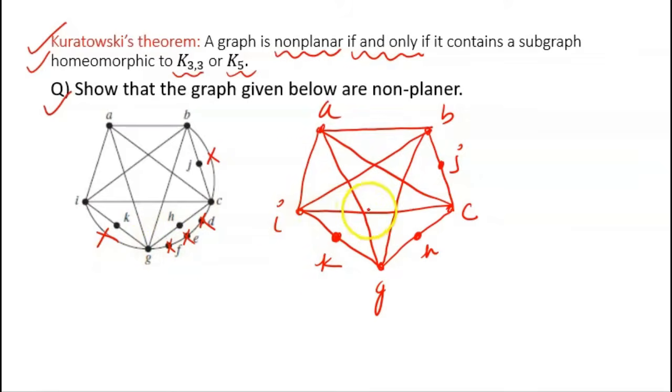Now if I ask you what this graph is, you can clearly see that here this is 1, 2, 3, 4, 5. If I look at the vertices A, B, C, G and I, I can consider them as the 5 vertices of K5.